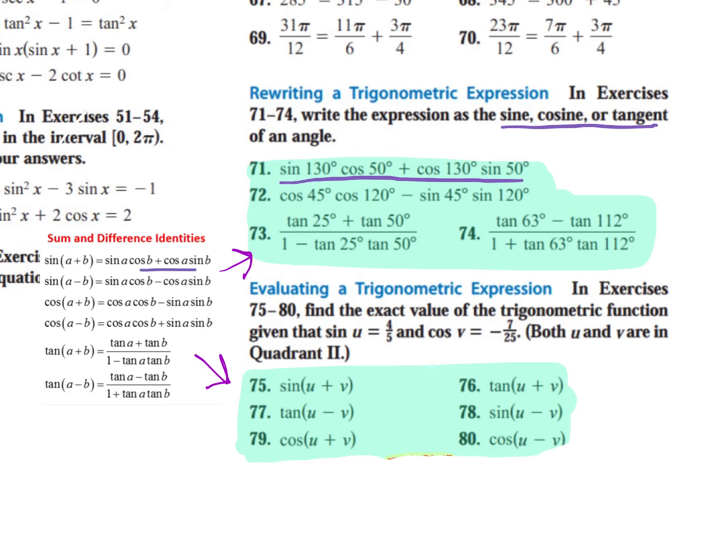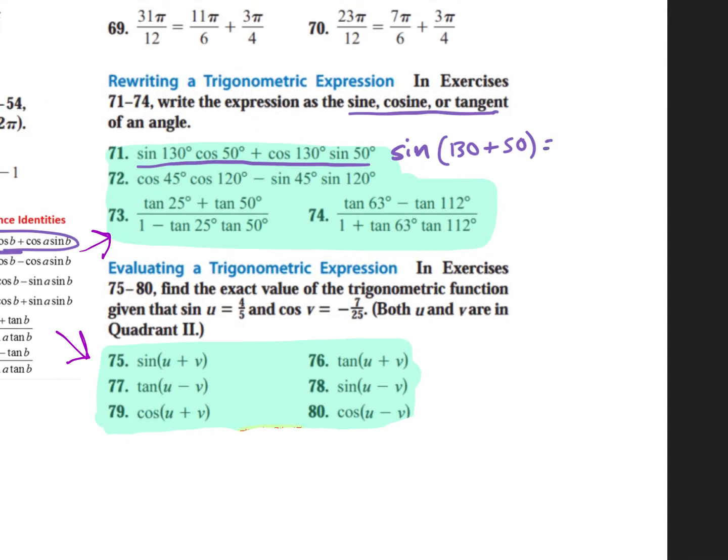That would match up with my first identity, which would be sine of a plus b. So here our a is 130 and b is 50. So it'd be sine of 180. And that's all we have to do. We could actually find what the sine of 180 is. We just look for a y value at 180, which would be 0. But here we just have to write it as sine.